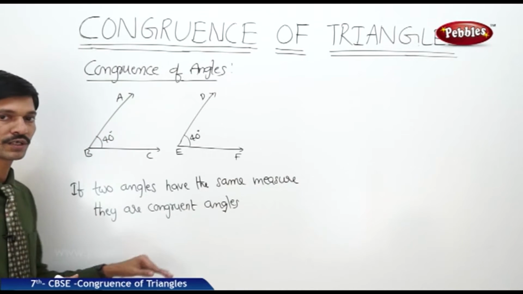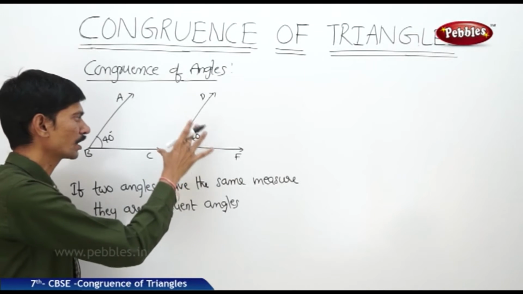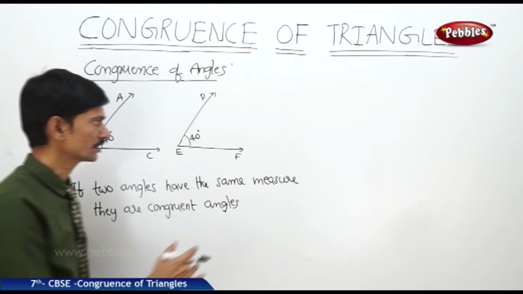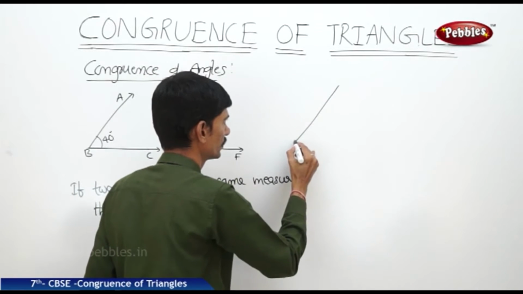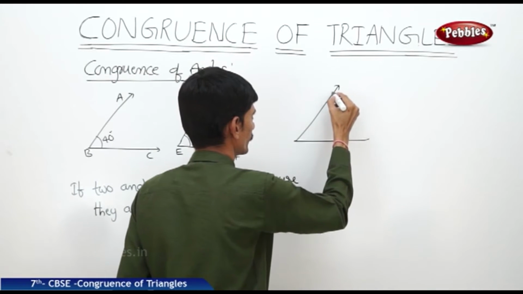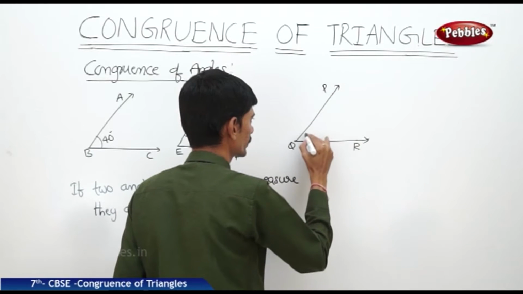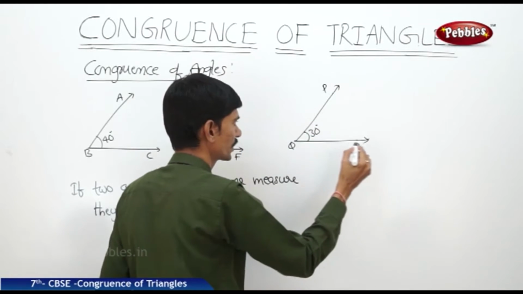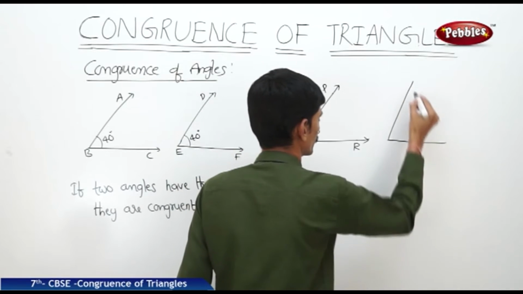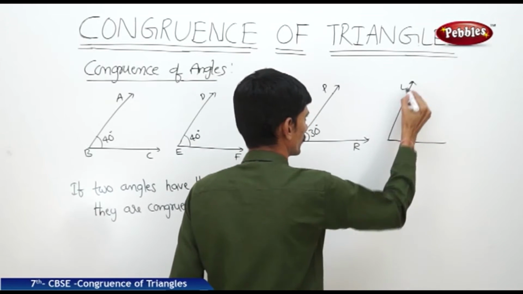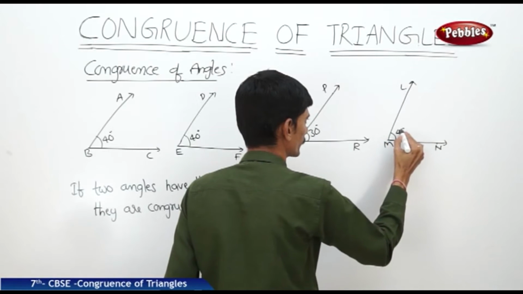Conversely, if two angles are congruent to each other, then the two angles have the same measure. Now let us take another two angles of different measures. The first angle PQR is 30 degrees, and the second angle LMN is 45 degrees.